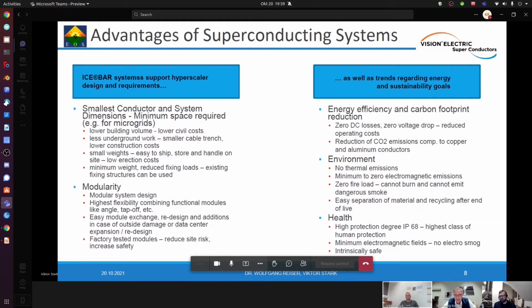So what happens if an order for a data center is coming out, and an electrical company is receiving that order? It is always mission critical. That means it has to be installed in the most compressed time possible.